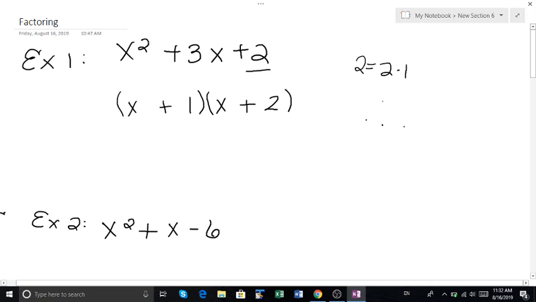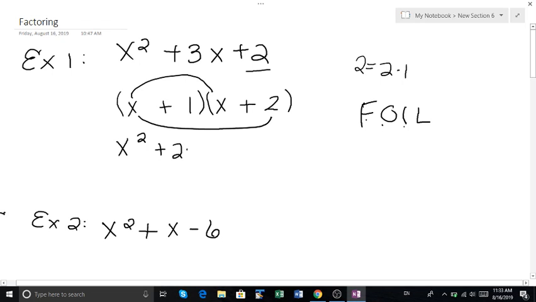I'm going to expand this out, multiply it back out, so we can check our answer. And I'm going to do that using the FOIL method. What FOIL stands for is first, outer, inner, last. All right, so first is x times x, which is x squared. Outer is x times 2, which is 2x.